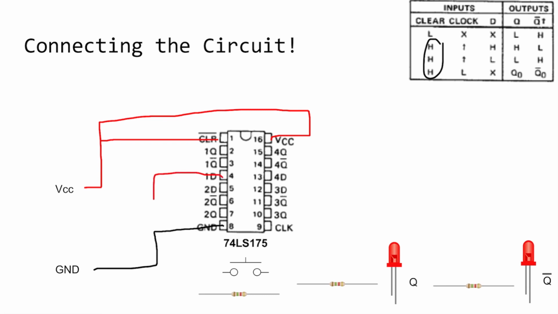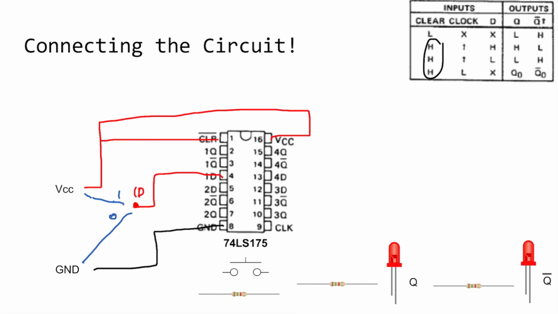And then we have the input 1D over here, which can be connected to either VCC for 1 or ground for 0.